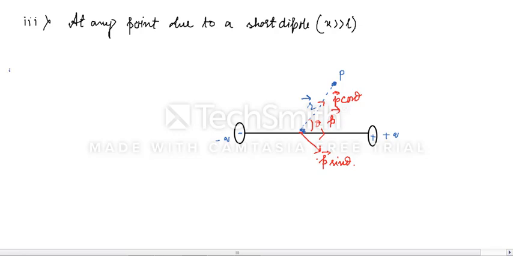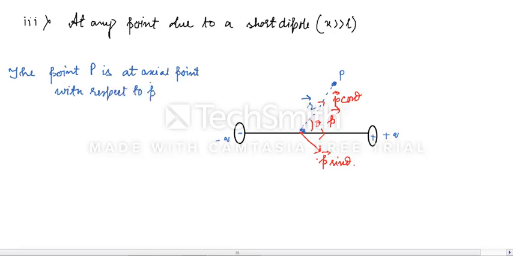We can say the point P is at an axial point with respect to P cos theta.